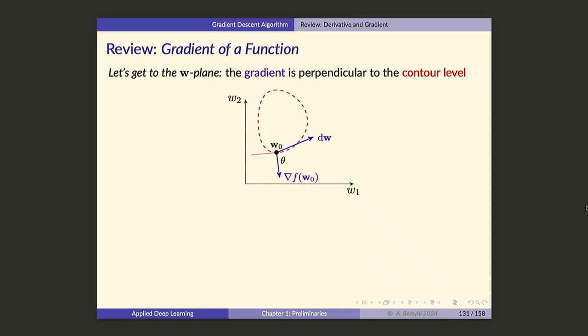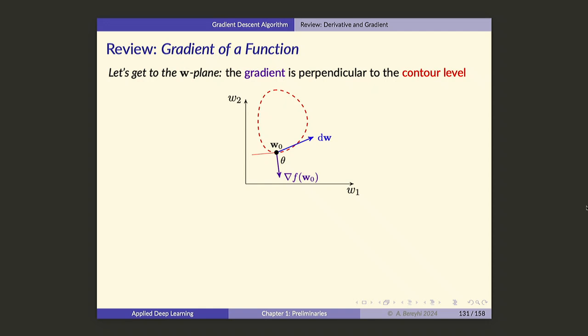Any points on that have the same altitude, right? Same value of y. So now, I was at a particular point W0. I move in some direction. And if I calculate my gradient, it is going to be in this direction. And then I calculate the inner product. And then I get the value, the change on the y-axis.